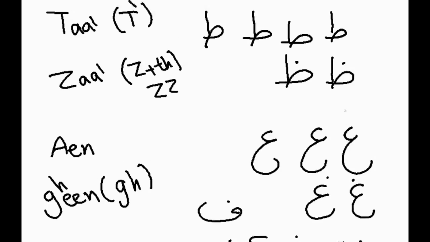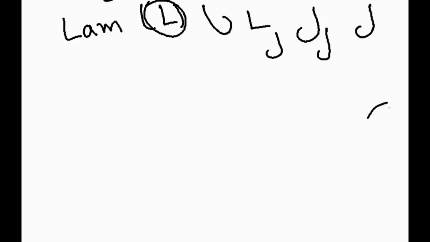So we started with the letter ta, just for you to remember how to write it. Then tha, with a dot. Ain. Ghain.